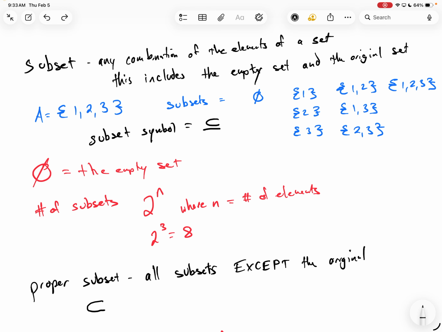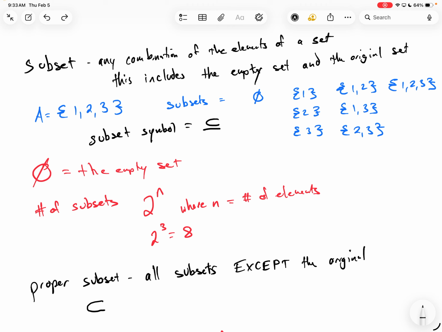Another symbol right here, the subset symbol, is this sideways U with a line underneath. In my brain, I think about that as less than or equal to, because this tells me, and I'll show you why in just a second, that it can equal the original one. The original one is one of my possibilities.